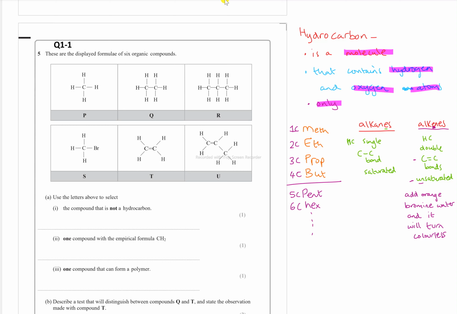Alkene has two E's, so it is a double carbon to carbon bond. Right, you need to know this as well.